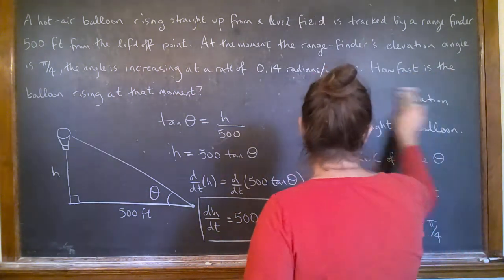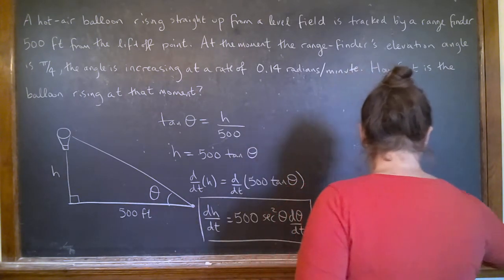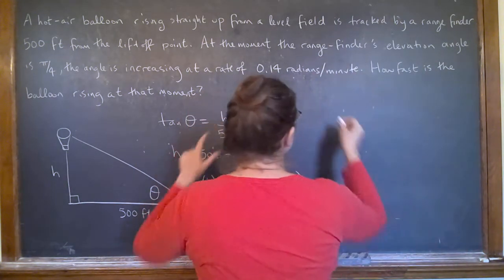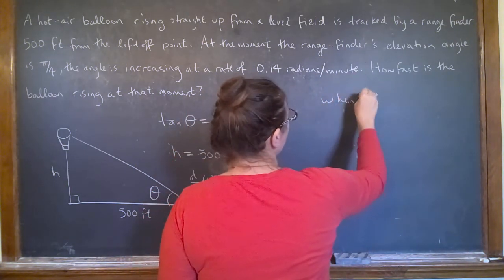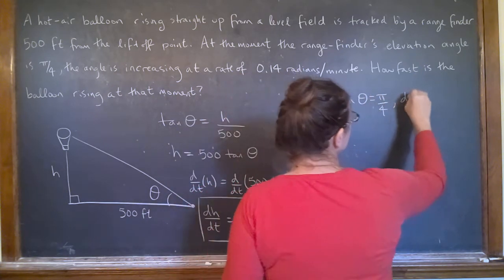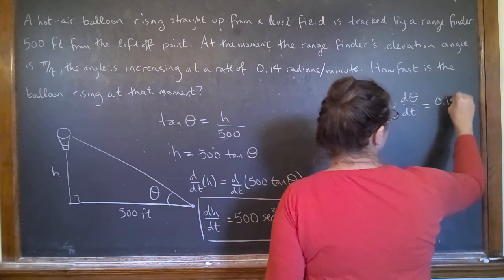Okay, so let me erase this for a second. And I'll just write that specifically. When theta equals pi over 4, d theta dt is 0.14.